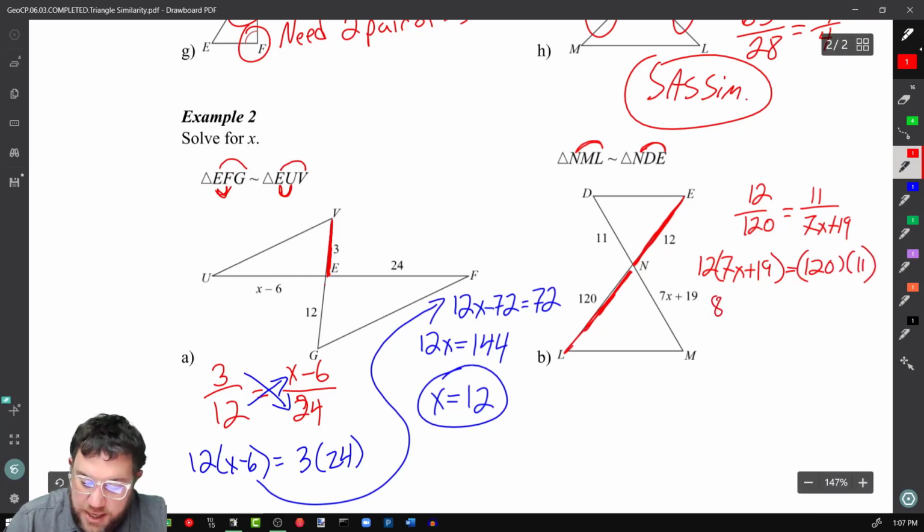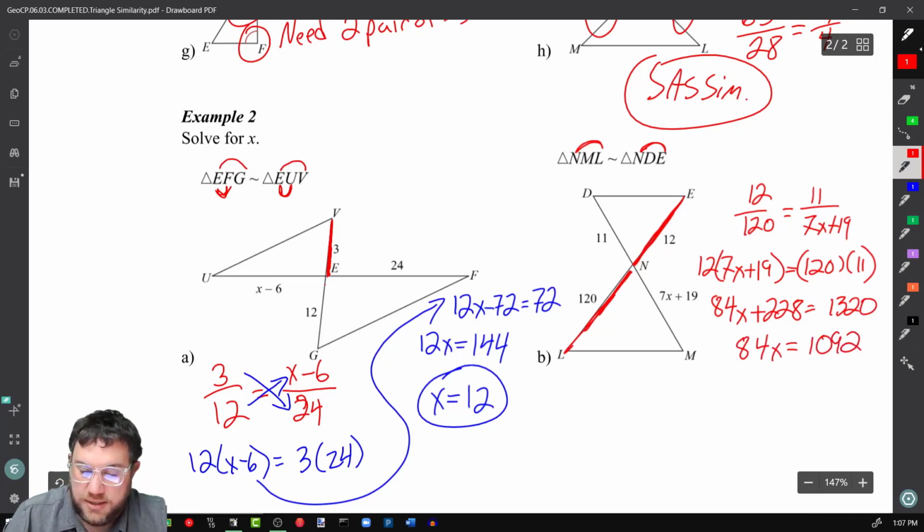So that's going to be 84x plus 228. I'm not that smart, I've just already worked this problem out. Equals 1,320. Subtract 228 from both sides. That gives 84x equals 1092. So x equals 13.